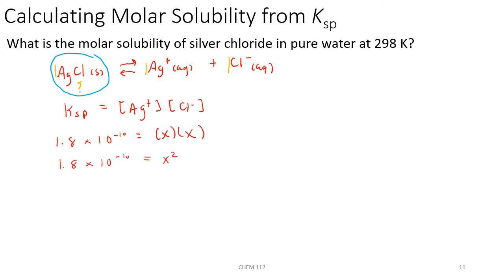And we can square root both sides of our equation to solve for just what X is. So X is equal to our concentration of silver ions in solution. It's equal to our concentration of chloride ions in solution. And it's also equal to our molar solubility. It comes out to being 1.3 times 10 to the negative fifth moles per liter.